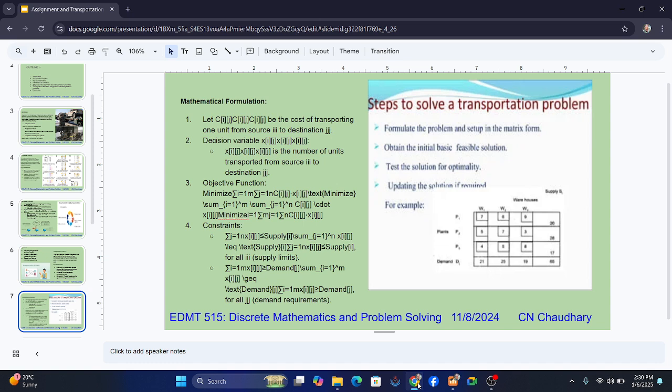Second step, obtain the initial basic feasible solution. Third step, test the solution for optimality, and at last, update the solution if required. Some examples are also attached on this screen.